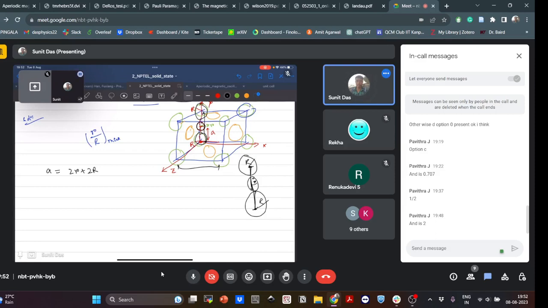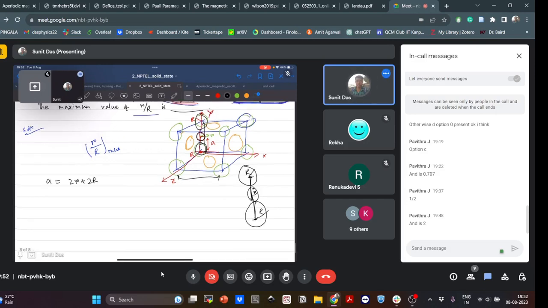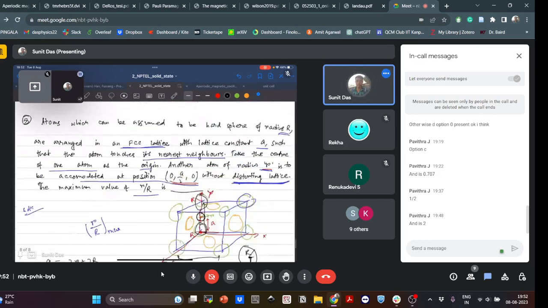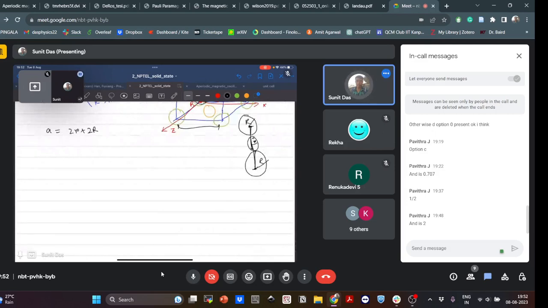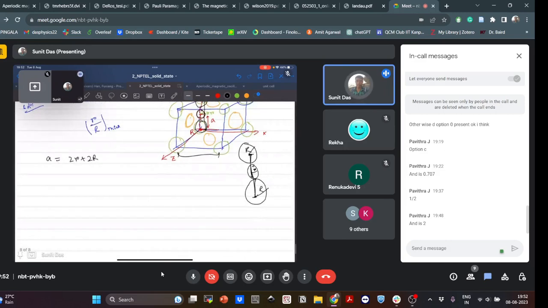This is one condition, let's say equation 1.